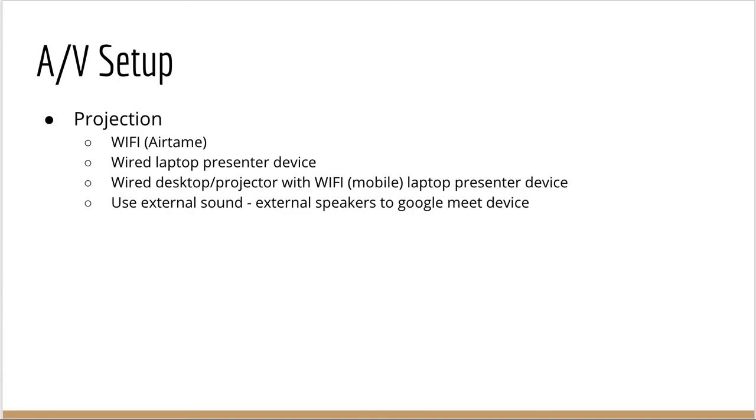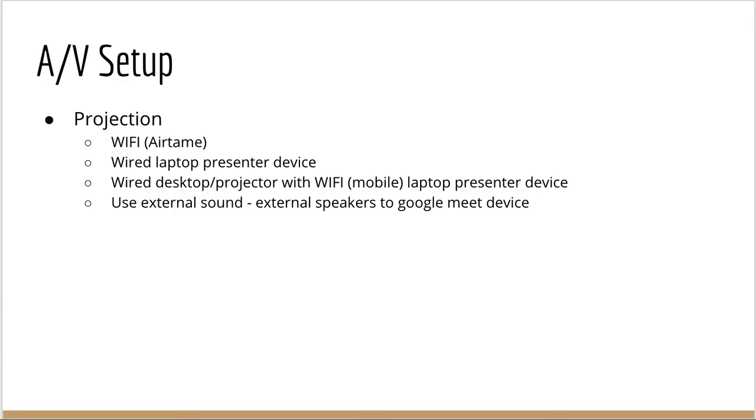Some of our teachers have laptops, but no Airtame yet, so they could wire into their projector, okay? So it makes them a little less mobile, but they can still move around with their cord. And some teachers don't have a way, like the laptop might not have the right adapter to go to their projector, but they might still have desktop PCs, so they can use the PC essentially as their projection device.